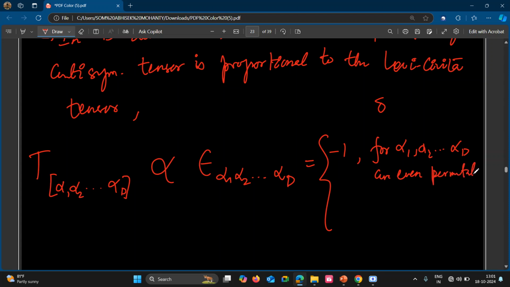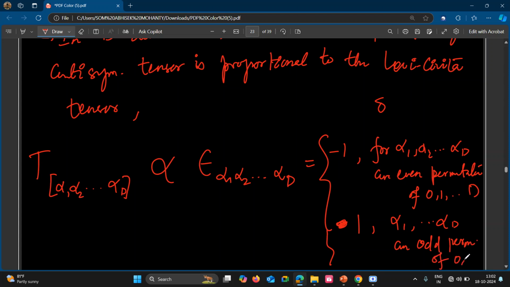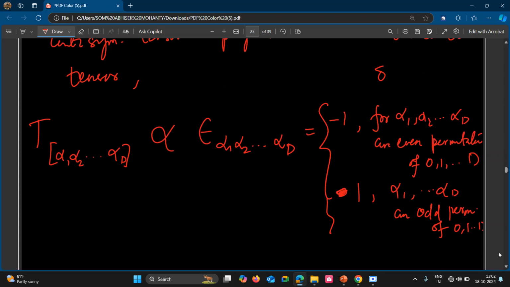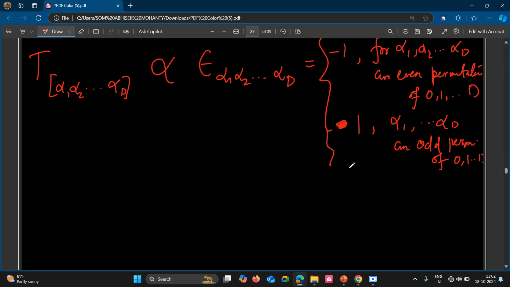For an even permutation of 0, 1, dot dot dot D, and it is equal to 1 for odd permutations of 0, 1, dot dot dot D, and 0 otherwise.